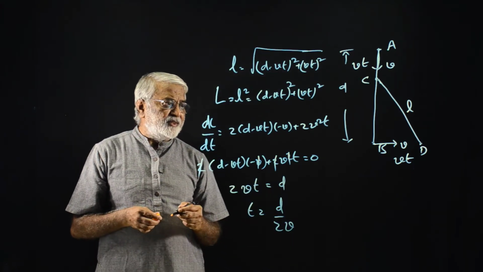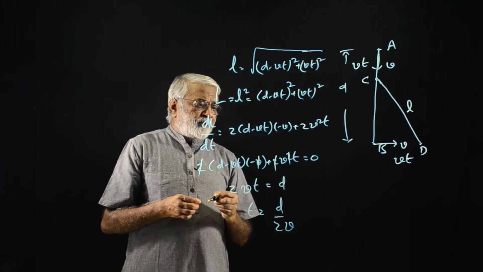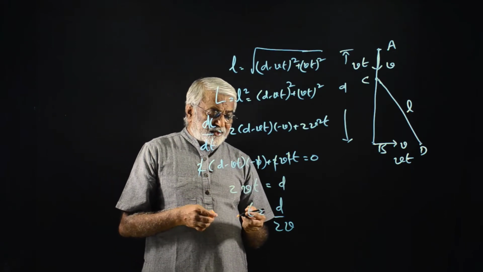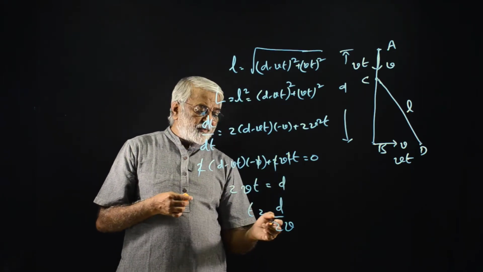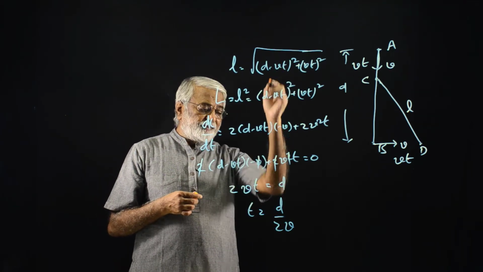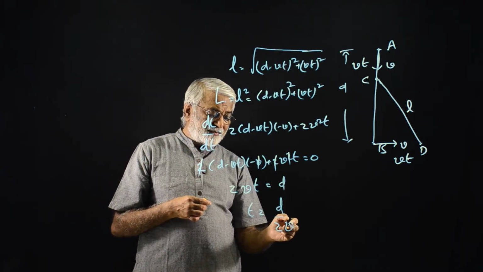That's it, we got the time when the distance is least, and that least distance can be got by substituting for t here. That t is D by 2V, or Vt is D by 2.